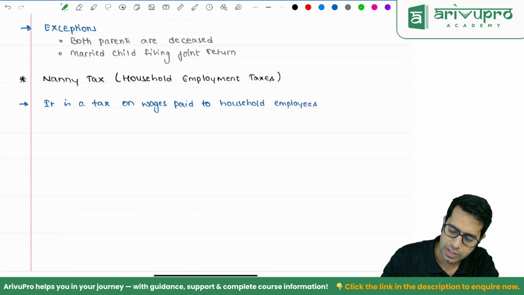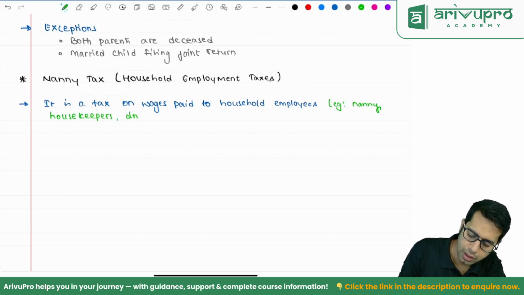Household employees can be a nanny who takes care of children, or house helps or housekeepers, or your driver, etc.